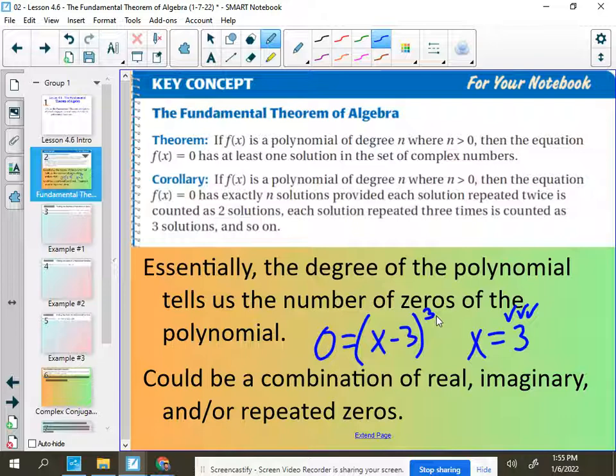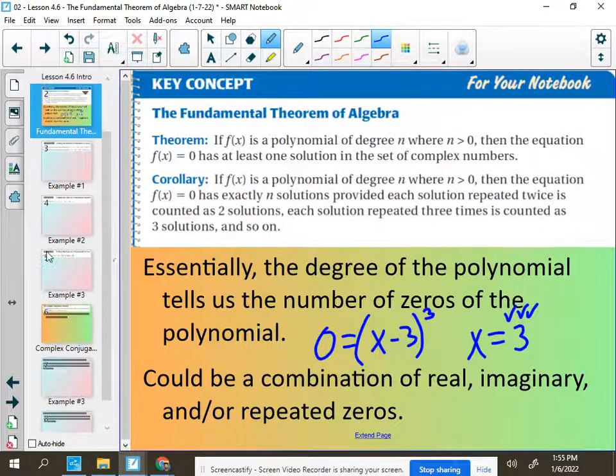They just ended up being repeated. This also extends to any combination of real or imaginary. We'll see that in this lesson, where we'll run into some solutions that end up being imaginary. Most of what we do should feel like the previous lesson, 4.5.